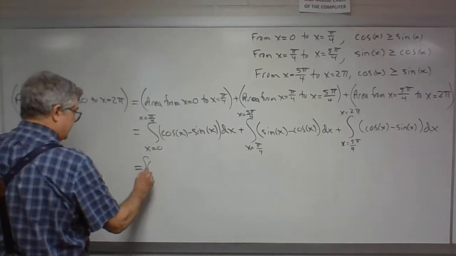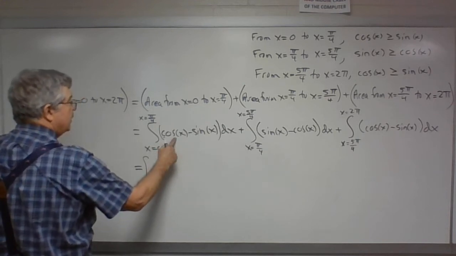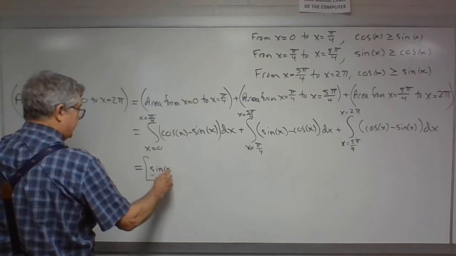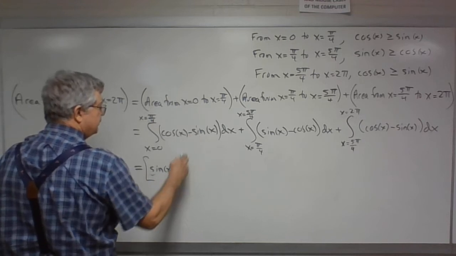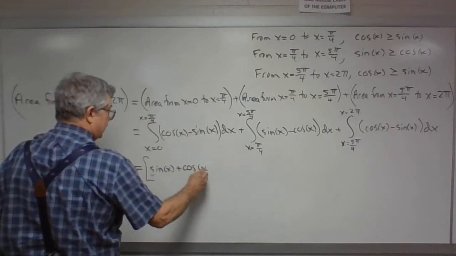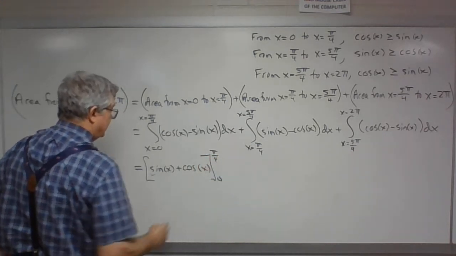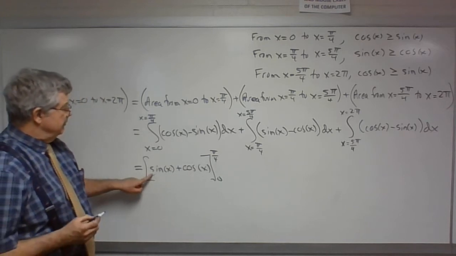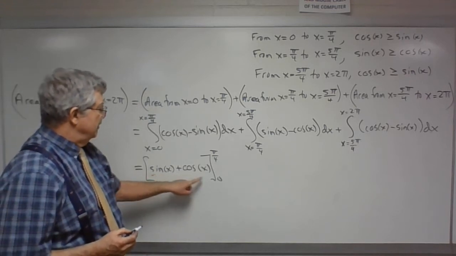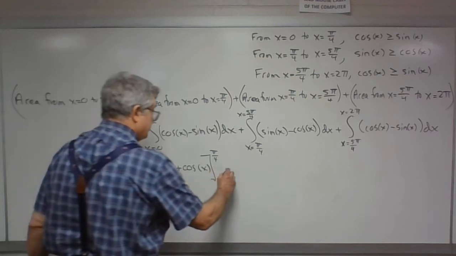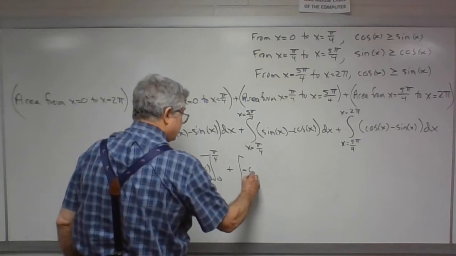So what do we get? The antiderivative of sine is negative cosine, but there's a negative sign here, so we get sine of x plus cosine of x evaluated from 0 to pi over 4. And the antiderivative of sine of x is negative cosine of x.